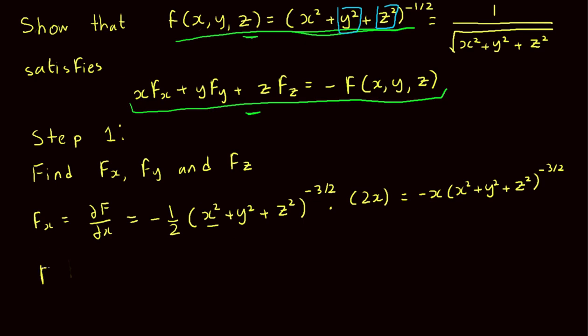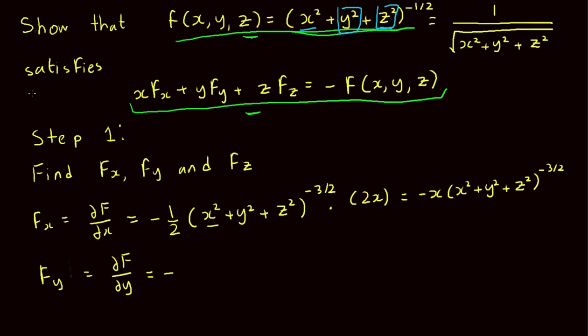Moving on, we have fy. So fy is del f over del y, and we're going to do the same thing. Essentially, it's the same stuff, because when we differentiate in terms of y, the x and the z become constants, and the y is not a constant anymore.